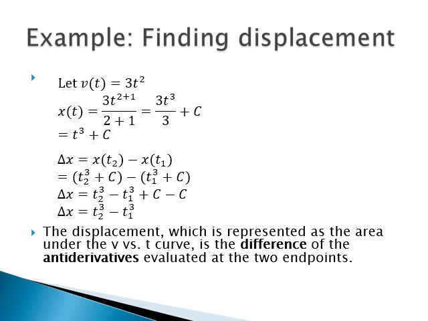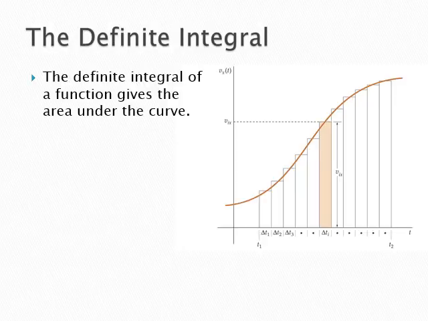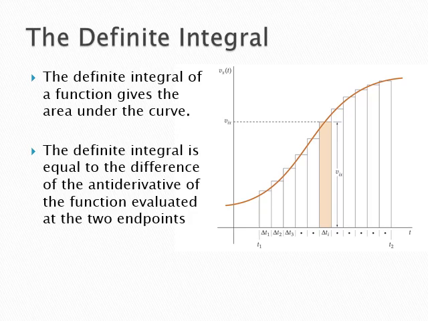The displacement then, which is represented by the area under the velocity versus time graph, is the difference of the antiderivatives of the function evaluated at the two endpoints. So the definite integral of a function gives the area under the curve, and the definite integral is equal to the antiderivative of the function evaluated at each of the two endpoints.